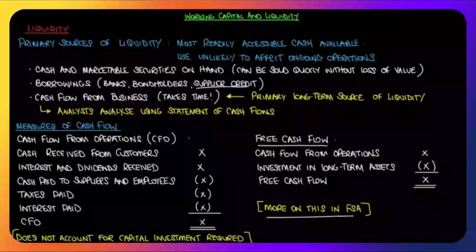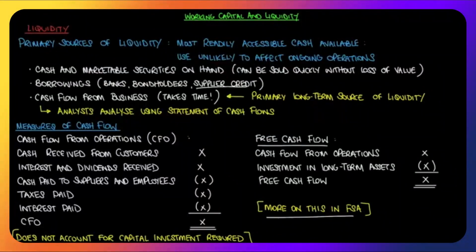The downside, not all of that CFO is free cash. Some of it will have to be reinvested in the business, capital investment, replacing property, plant, and equipment that's worn out or expanding. To measure what's free, analysts will take CFO and knock off that required investment in long-term assets to get a measure called free cash flow.